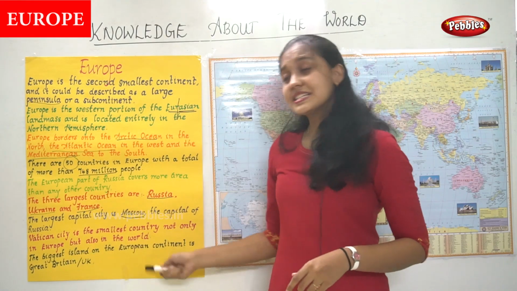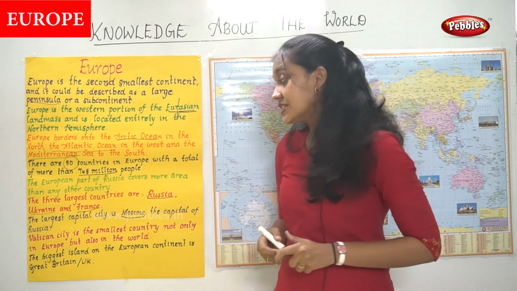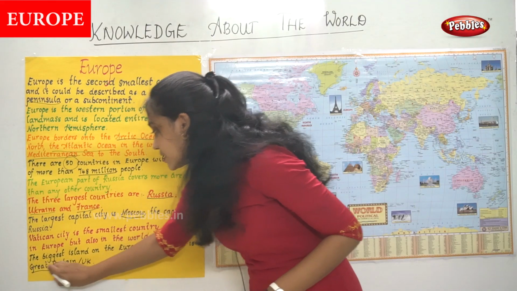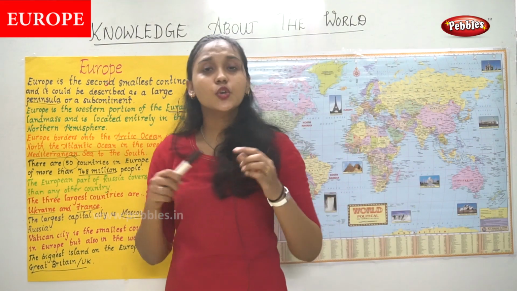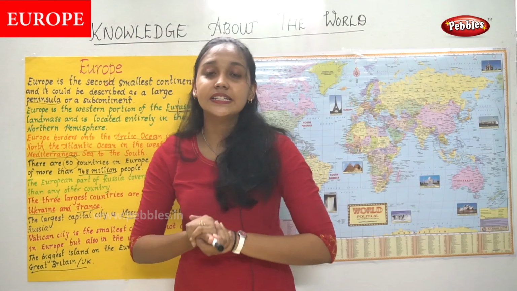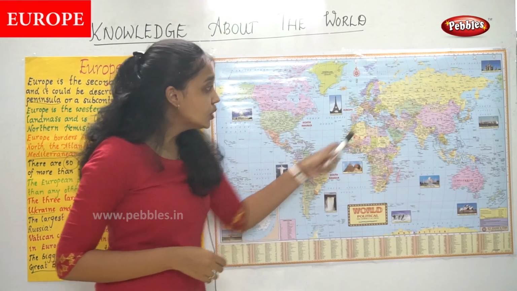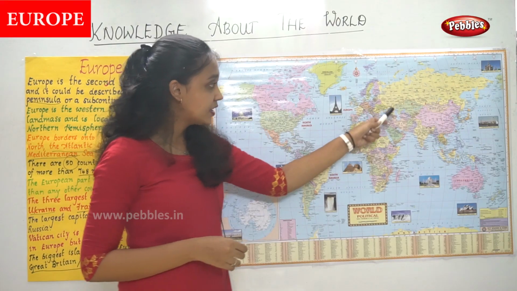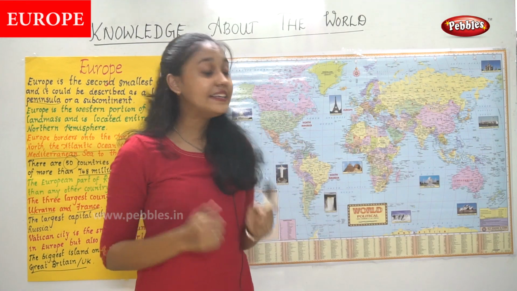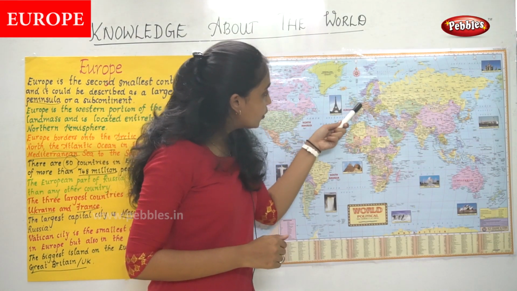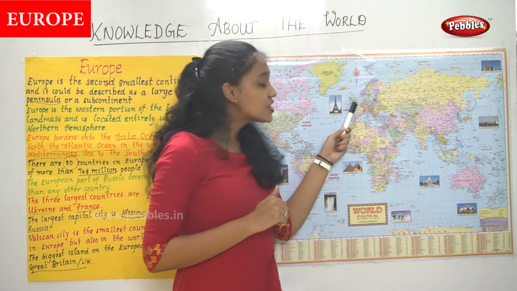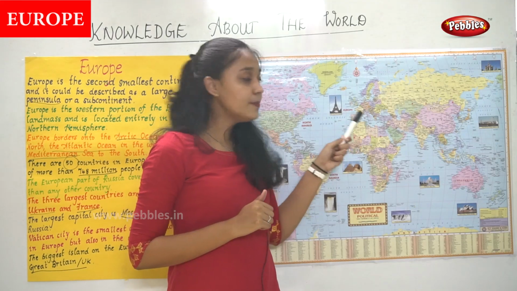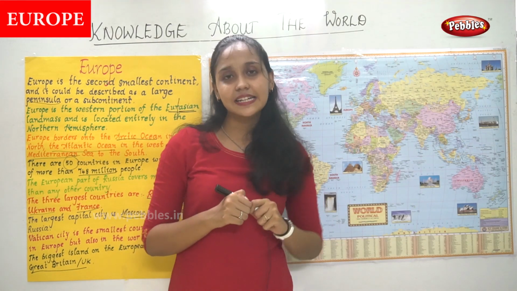Then the biggest island on the European continent is Great Britain, or UK. UK stands for the United Kingdom. So this is Europe. The largest island here would be this, which is the United Kingdom.